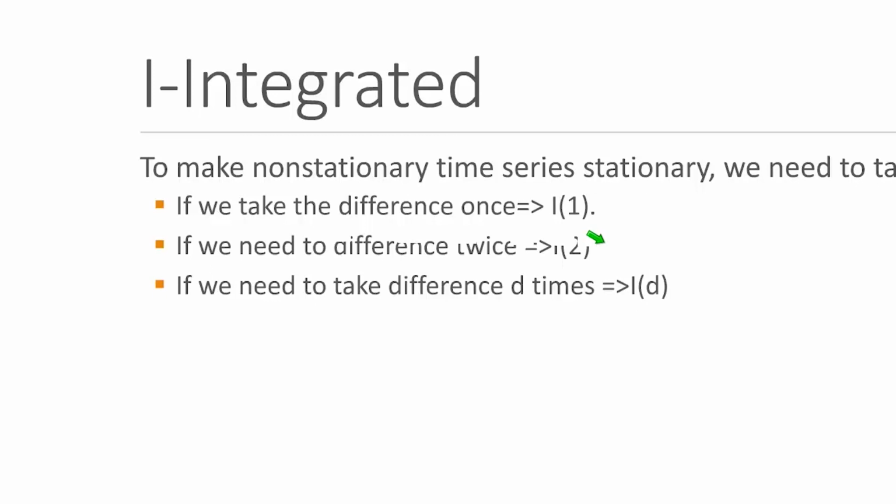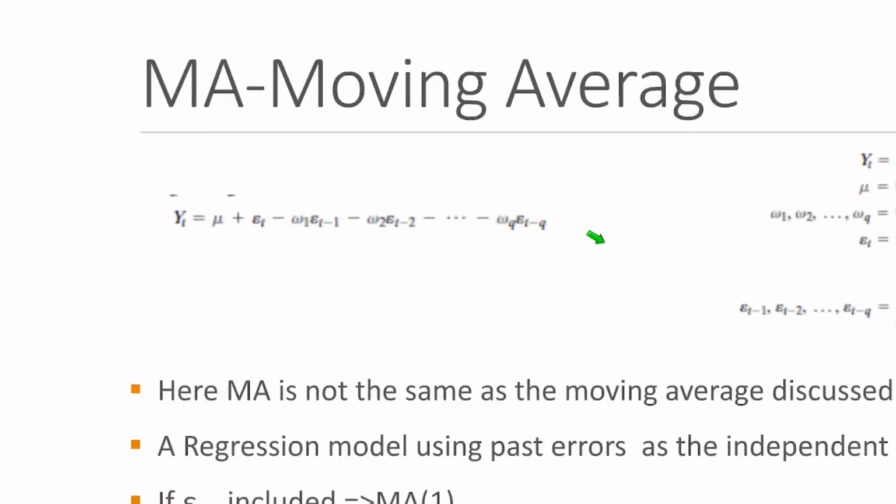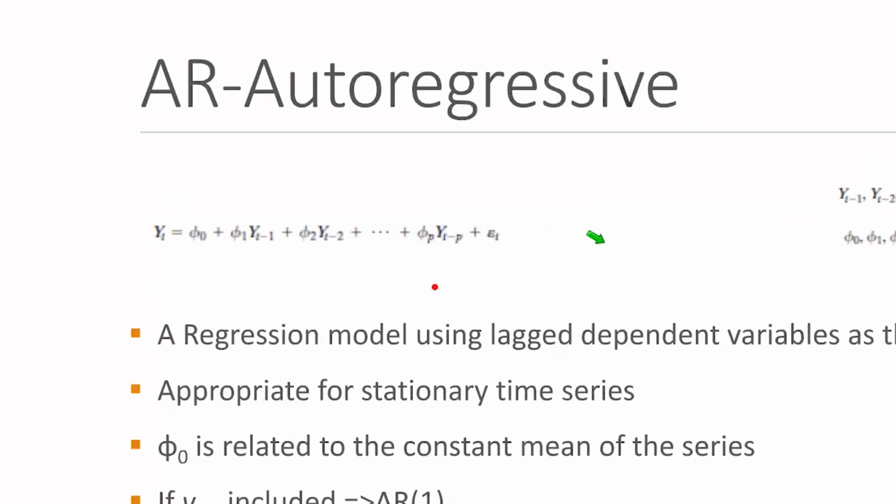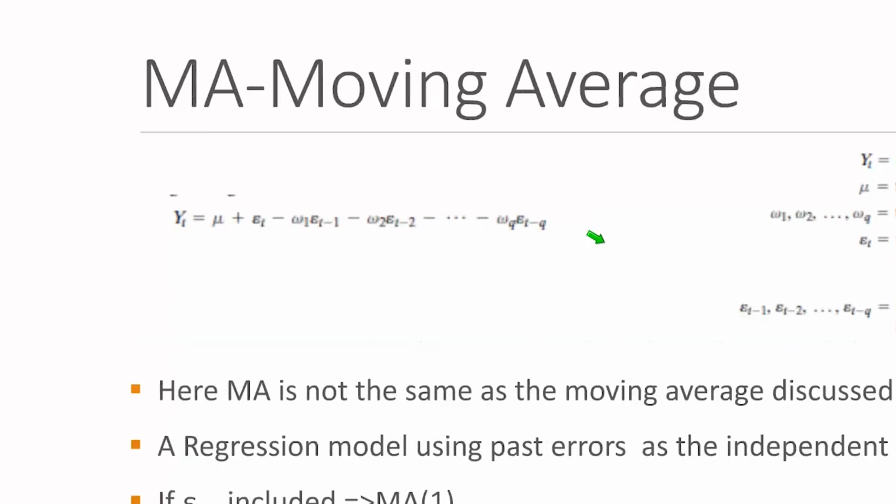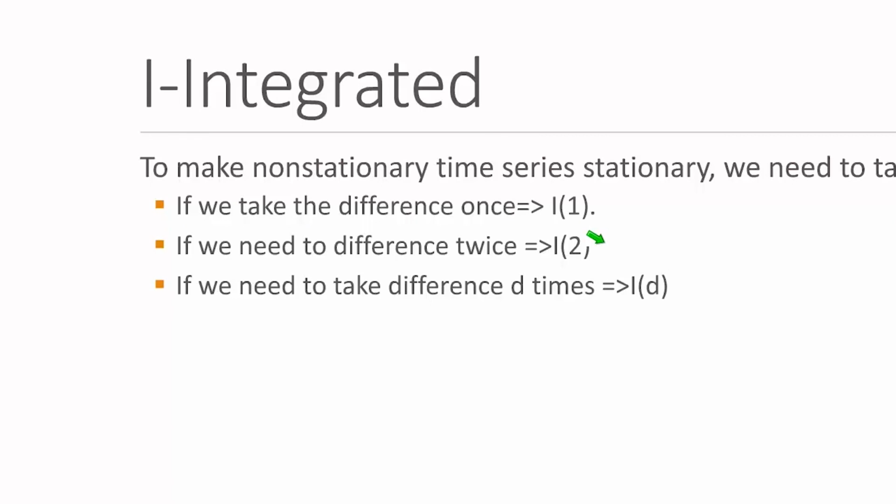Of course, this concept goes to I3, I4, but most of the time we either have I1, I2, or even sometimes I0, meaning that the data is stationary. There's no need for us to take the difference. So that's the 3 parts, the AR part, the MA part, and the I part, and all of them together consist of a family of models.